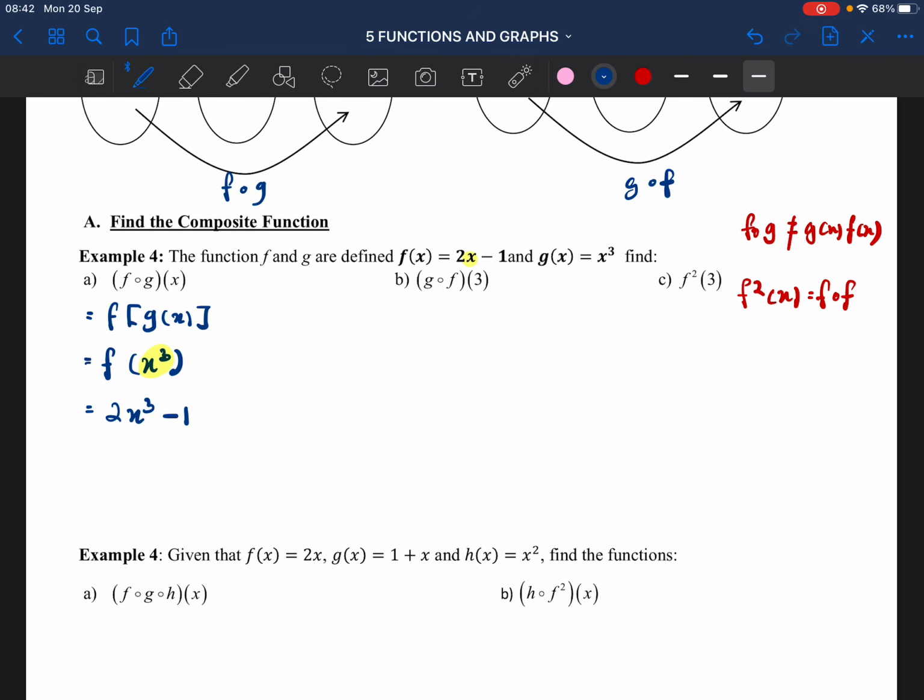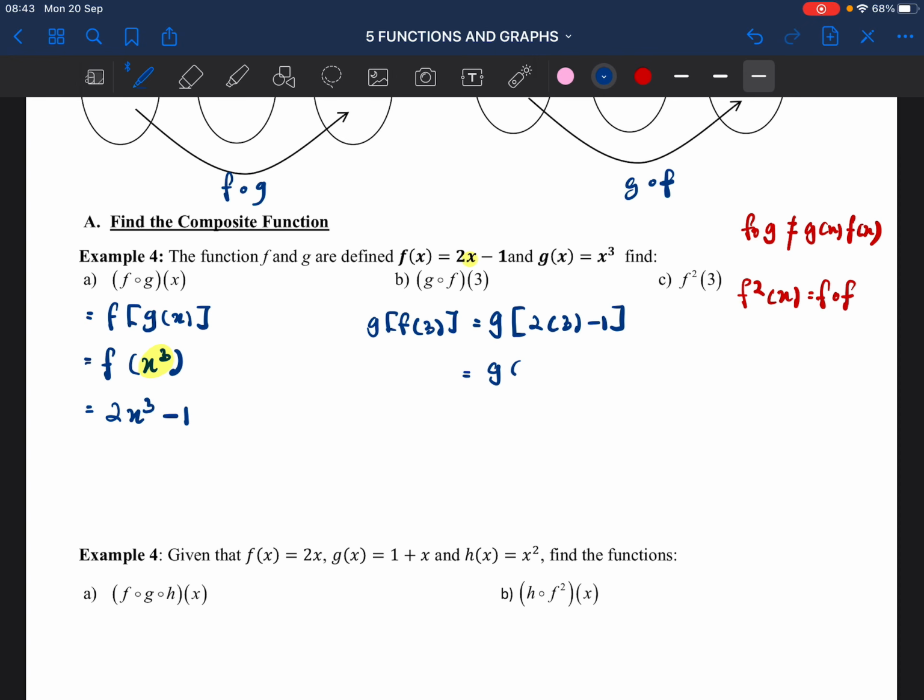Alright, let's see question B. We have gf(3). So instead of x, we have a value here. So work from behind. We have f(3) here, so that should be g, which means you have to substitute 3 into here. f(3) is 2 times 3 minus 1, so that will be 5.